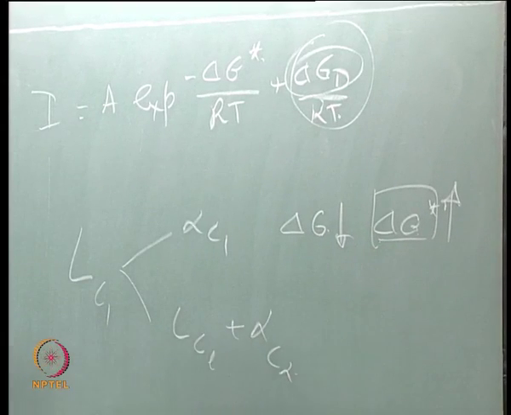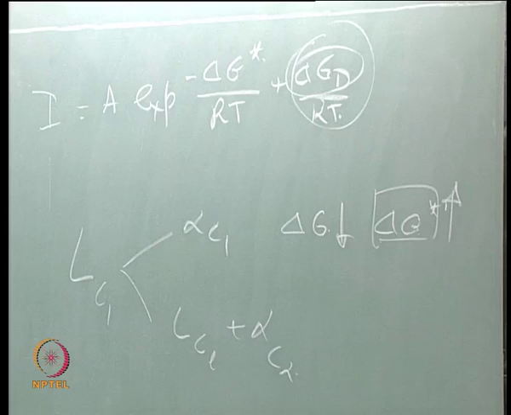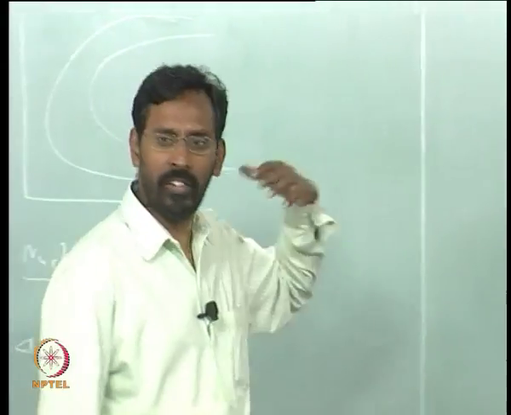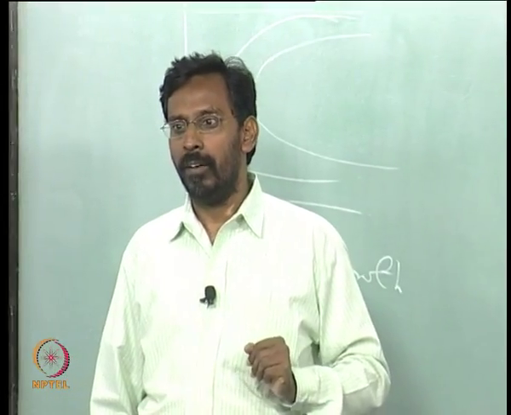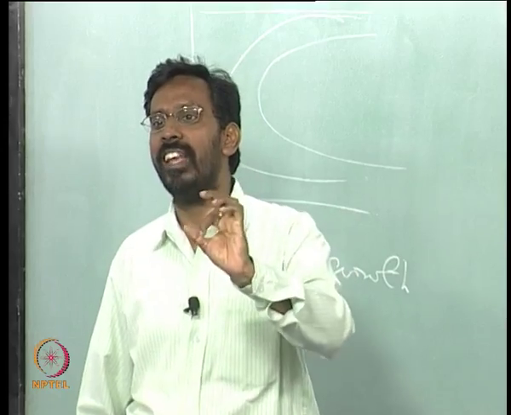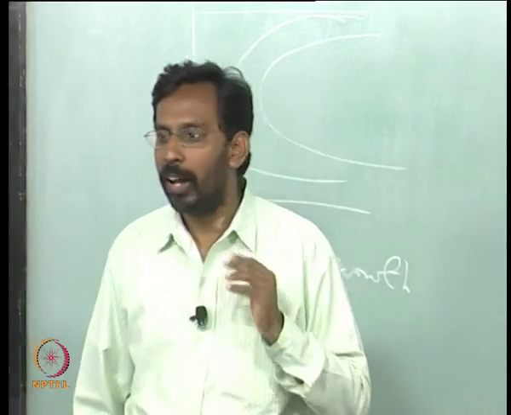that is it. So if you carefully look at it, what is delta G star? It is delta G for R star. Okay. So actually it is speaking of the change in free energy when a liquid goes to a solid with the solid having a size of R star, that is what we call delta G star.